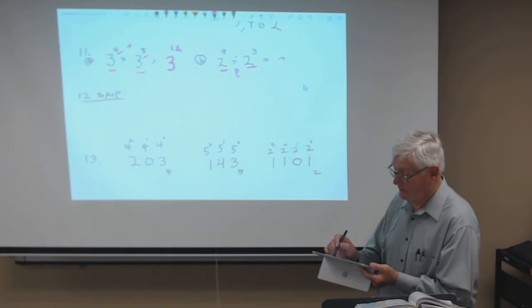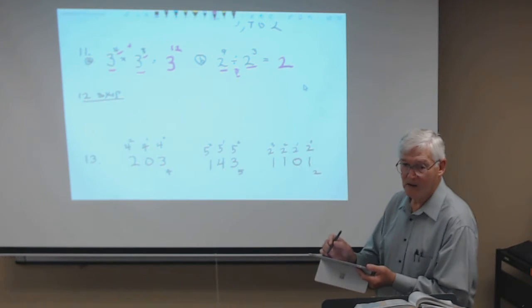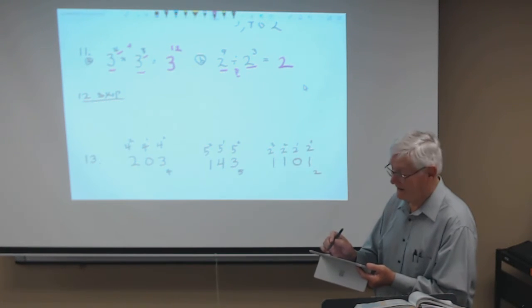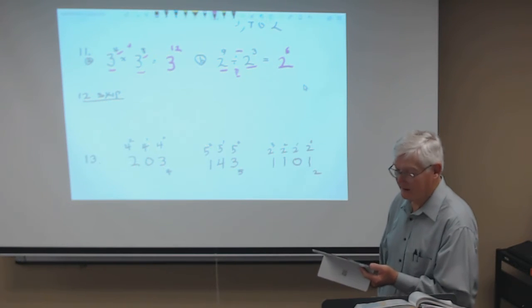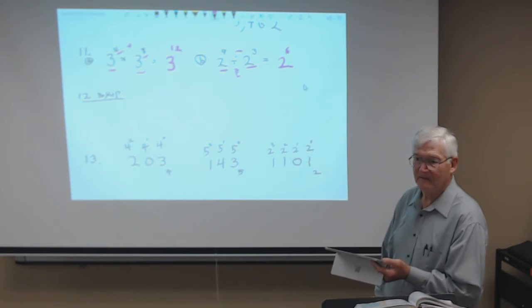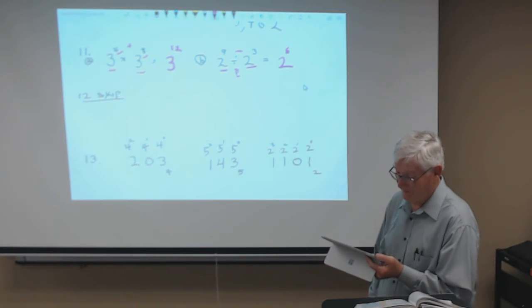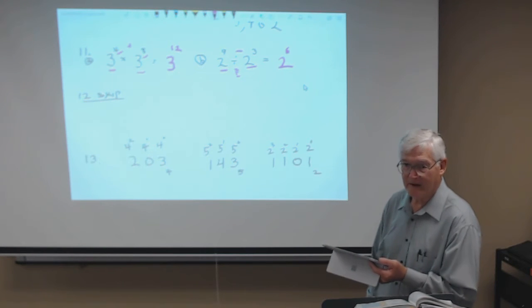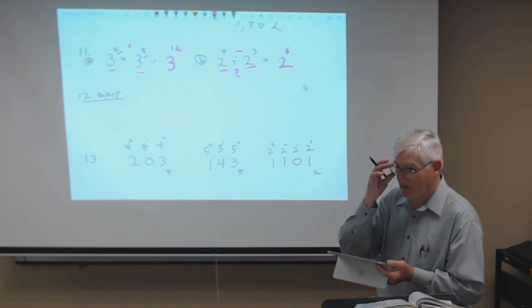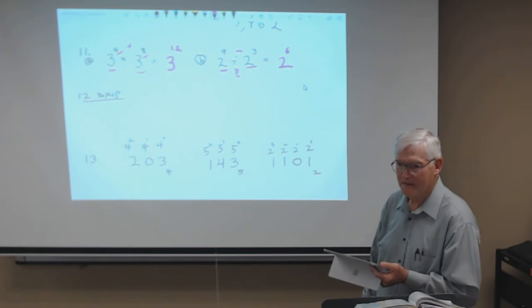It's going to be 2 to the 6th. Because you do what? When you divide, you subtract those exponents. Write yourself a note. Keep that information handy. Any questions?